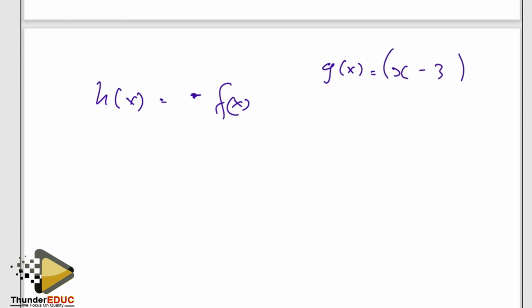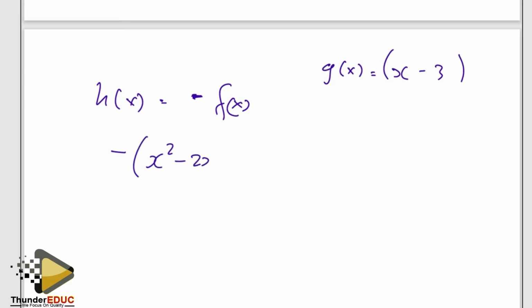Now, for us to ever get a distance between 2 graphs, we have to subtract those 2 graphs. Okay, so I'll get negative into x squared minus 2x minus 3. So for me to get the distance, remember what we said, it will be the h of x minus the g of x.